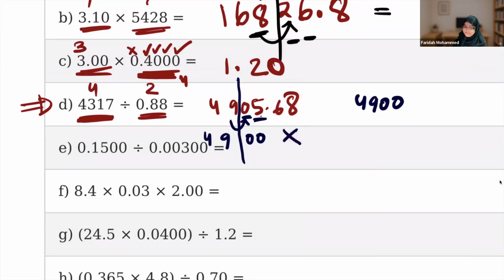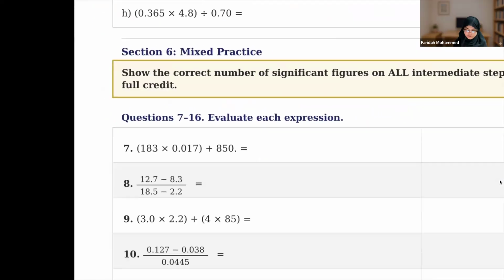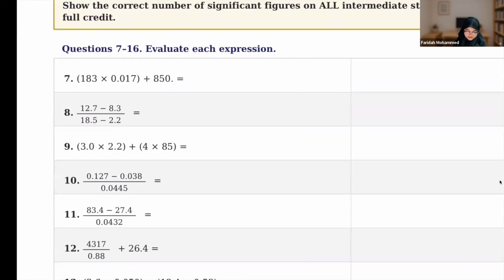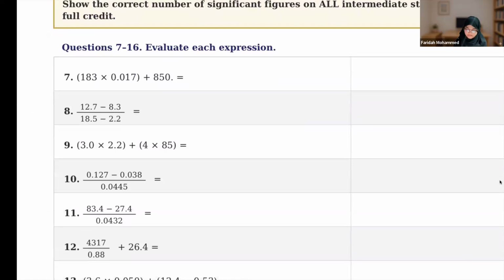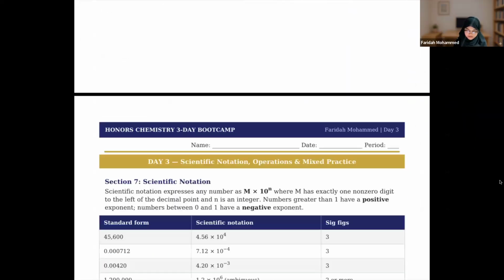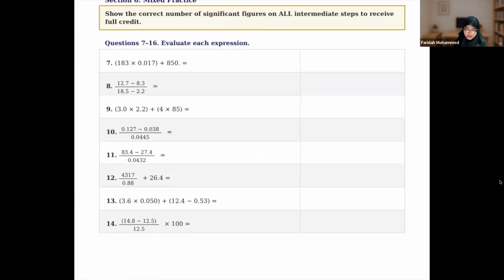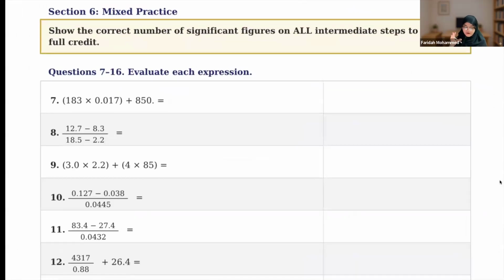Make sense, everyone? Now, the last thing we want to do is this. This is when you mix addition and multiplication together. Both of them have different rules, right? Because they have different rules, you cannot just put everything into the calculator and get your answer.